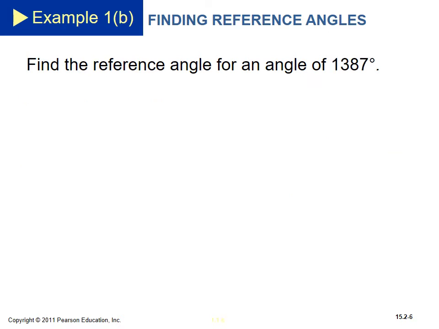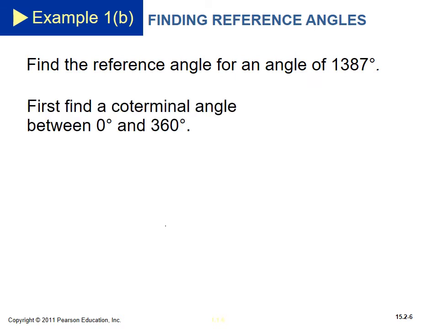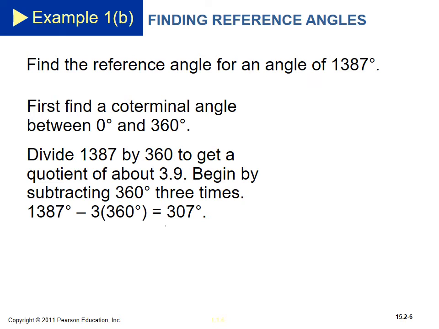Okay, find the reference angle for an angle of 1387 degrees. Now in this situation, we first have to find a coterminal angle between 0 and 360. So you divide 1387 by 360, and you get a quotient of about 3.9. So you take less than that, 3 times 360. So 1387 minus 3 times 360, and you've got 307 degrees left.